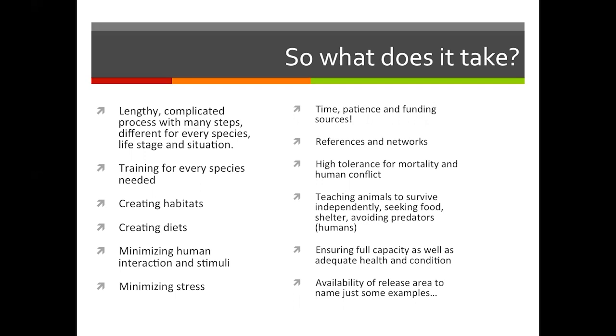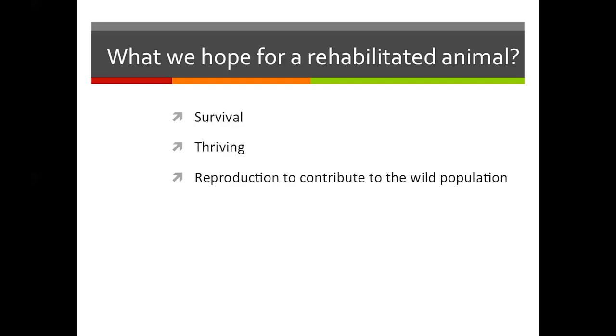A limiting factor for rehabilitation can also be the availability of release areas. To name just another example of what all it takes, it is multidisciplinary, from the report and rescue throughout the rehabilitation to the release and identifying release areas and more.